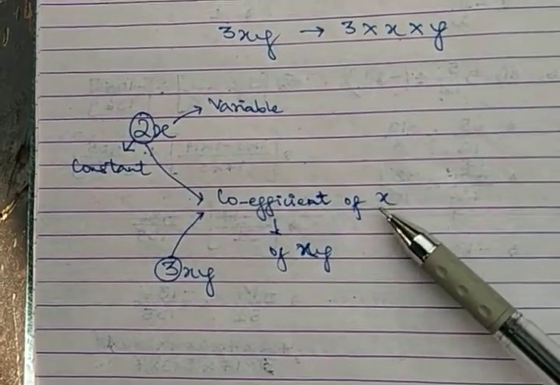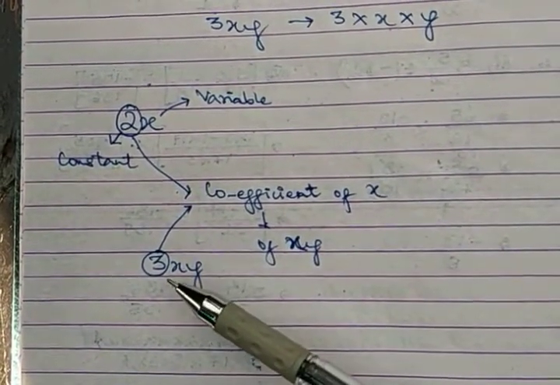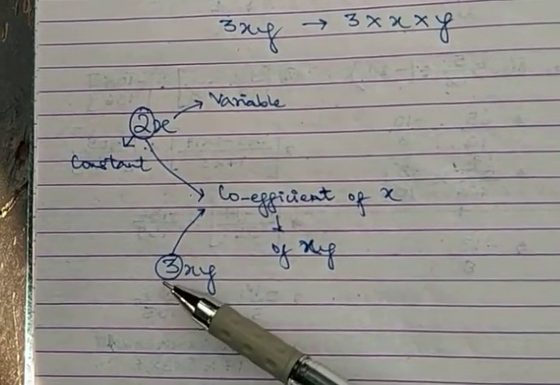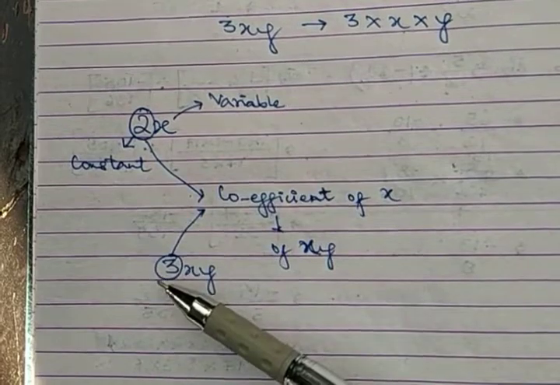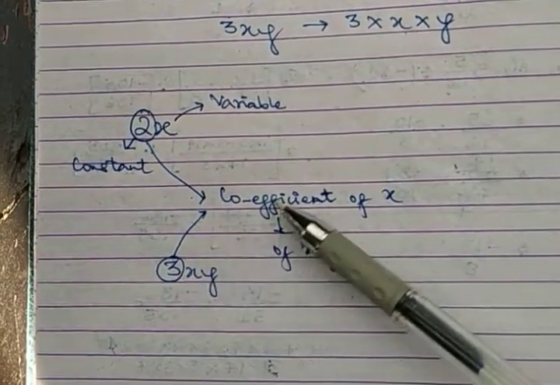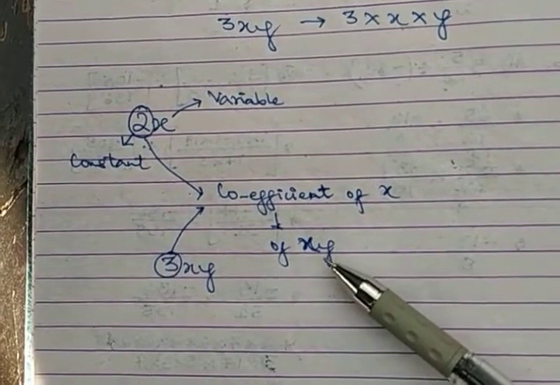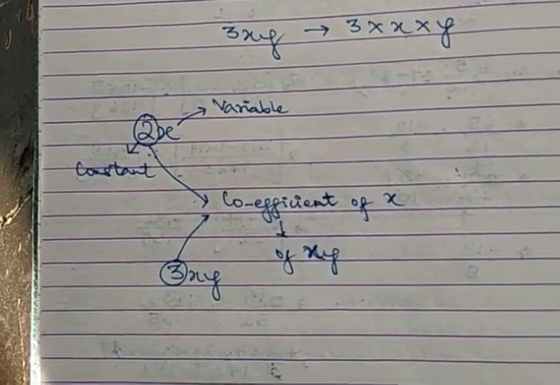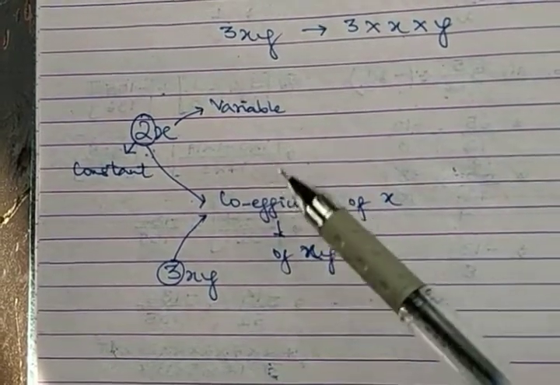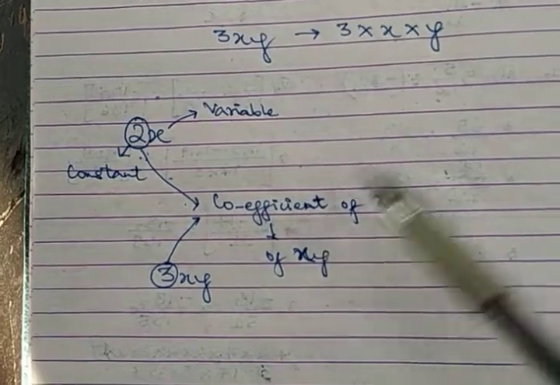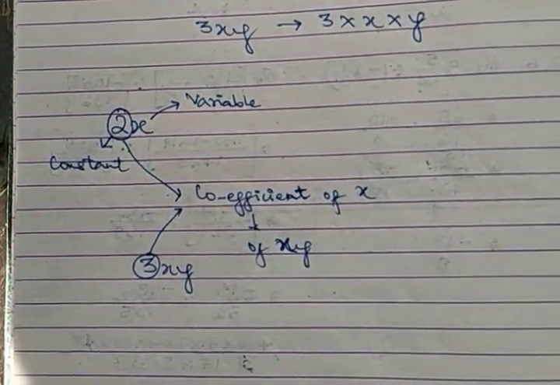Is it understood? The second one I have written 3xy, so I have got two variables in here. The constant term is 3. As I said, the constant term is also known as the coefficient of the variable. So for the second case, I can say that 3 is the coefficient of xy. The constant term that stays with the variable in the relation of multiplication is known as the coefficient of that variable.